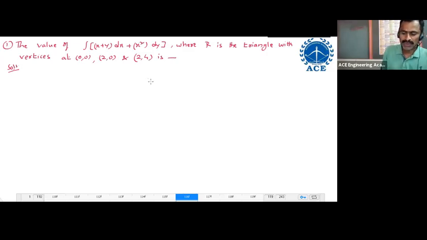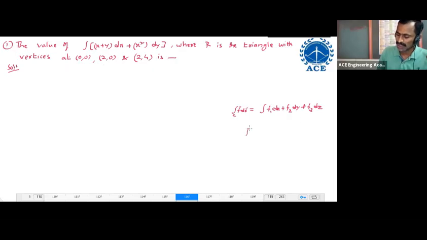This integral is in terms of only two variables x and y, so it is a 2D line integral. First of all, the integral in Cartesian form is f1 dx plus f2 dy plus f3 dz, which is the integral over C of F dot dr. That is the line integral in Cartesian form in three variables, 3D.